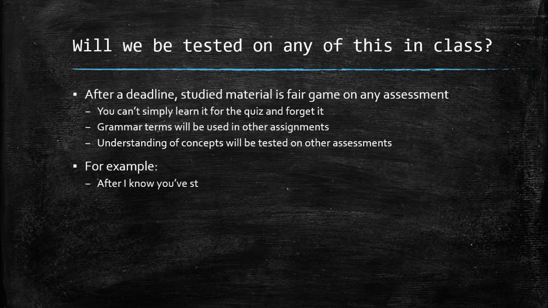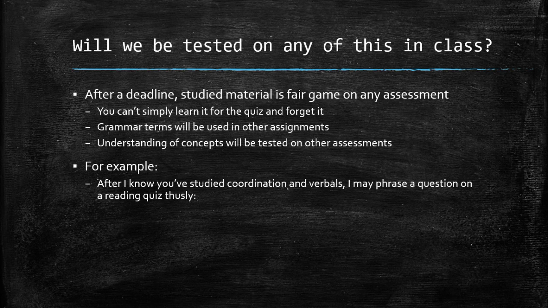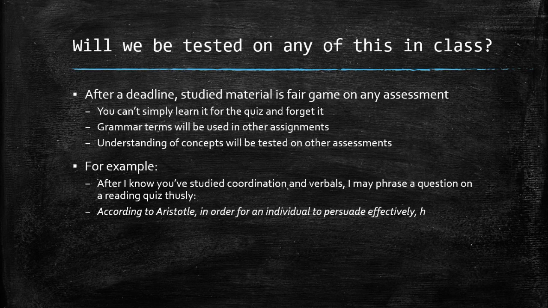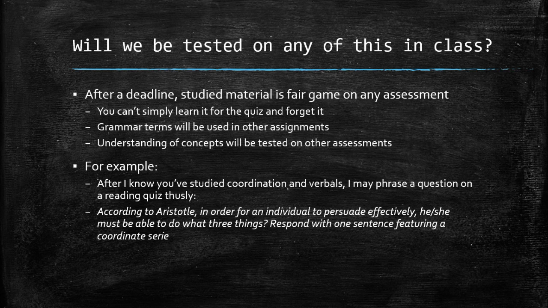For example, let's say after I know you've studied coordination and verbals, which is going to be about the middle part of the semester, I may phrase a question on a pop quiz thusly: According to Aristotle, in order for an individual to persuade effectively, he or she must be able to do what three things?